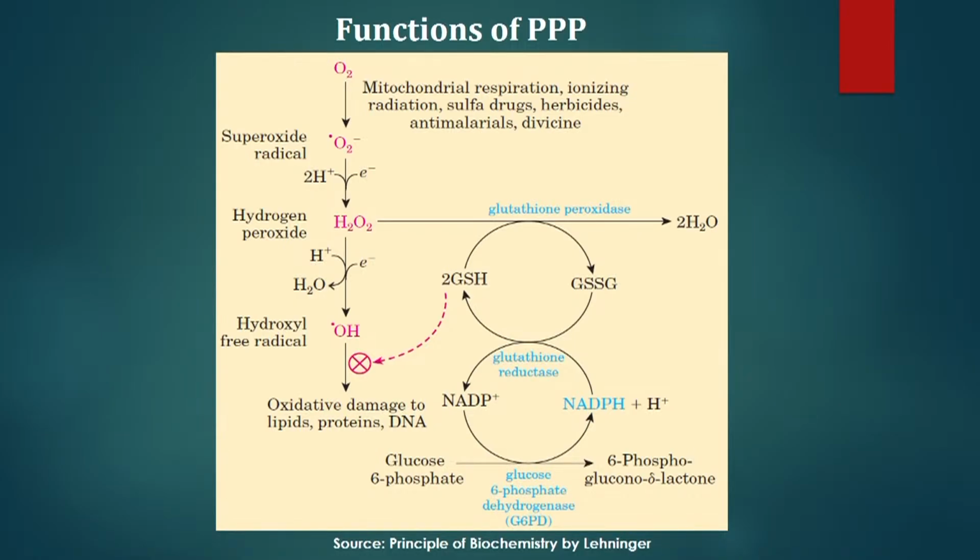Like sulfur drugs, certain anti-malarial drugs, herbicides, when we take such medicines, they produce the oxygen free radical that is called the superoxide radical. That superoxide radical, when it is produced during such processes, is known to convert into hydrogen peroxide.